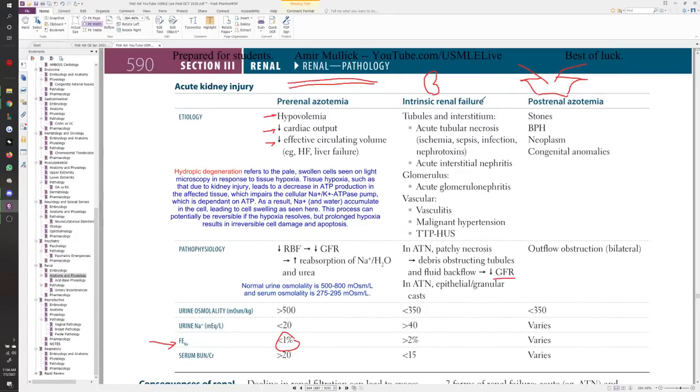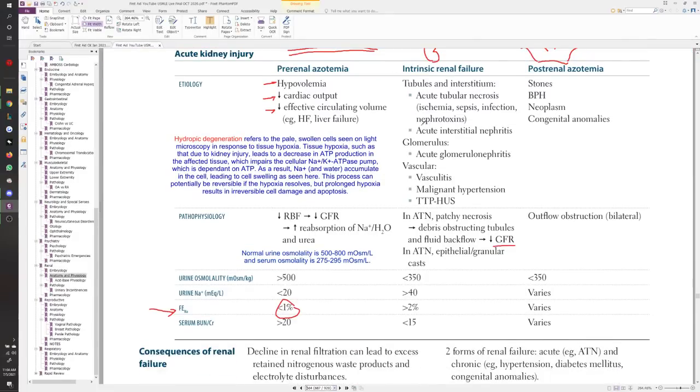And in our person here with intrinsic renal failure, your kidney is failing at retaining things you needed, so you end up urinating more sodium than you needed to. And of course, when you urinate sodium, you often end up urinating more water too, right? So you can see how urine sodium is more than 40, right?